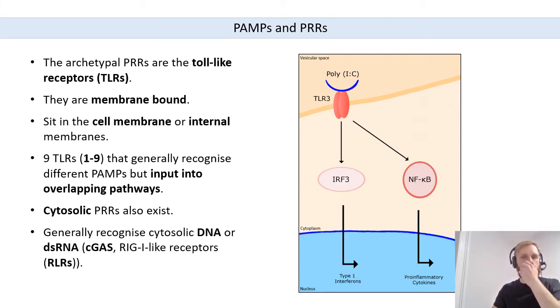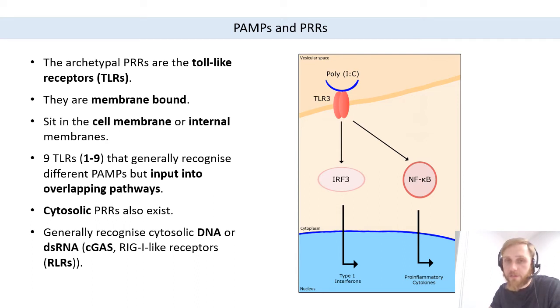What occurs in the innate immune system is that pattern recognition receptors recognize these PAMPs. Pattern recognition receptors are the receptor component, the component of the innate immune system that actually recognizes the PAMPs. Now you'll sometimes see in the literature the term TLR being used.